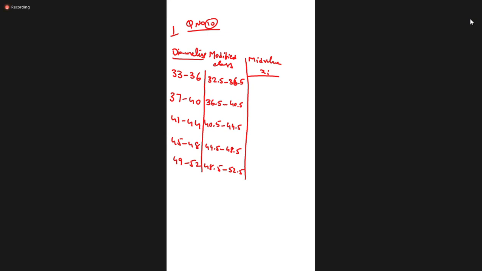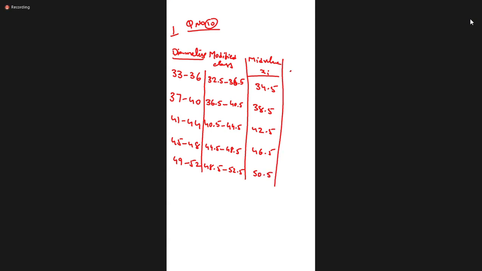So here the mid value is 34.5, here 38.5, 42.5, 46.5, and 48.